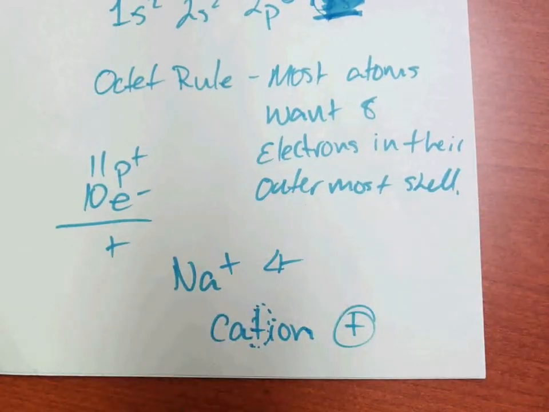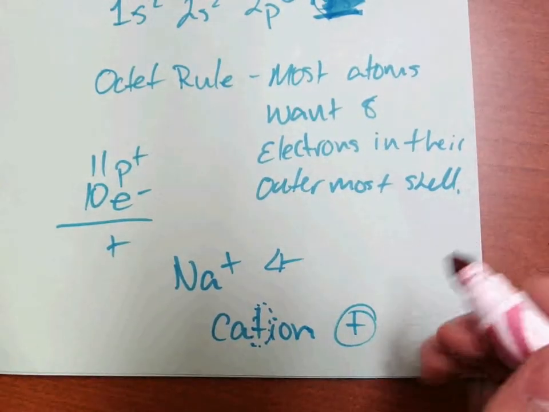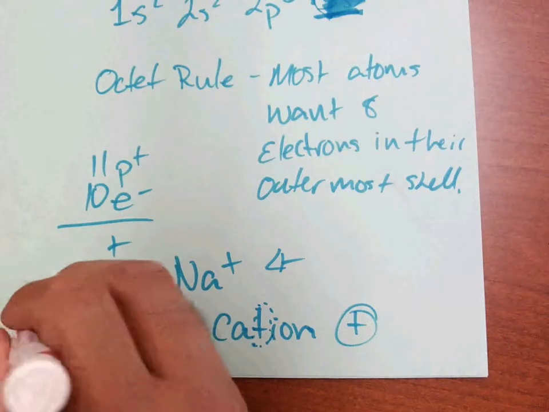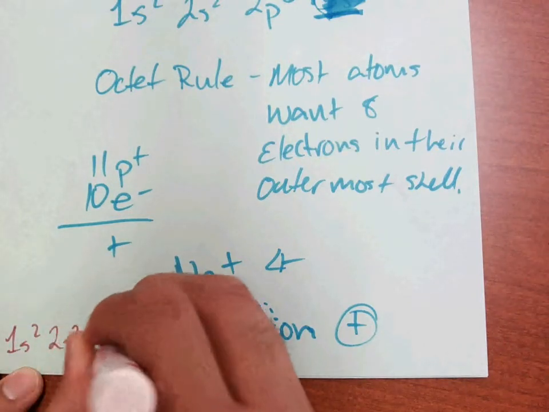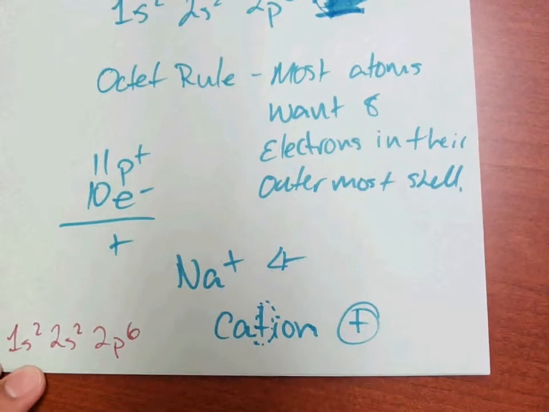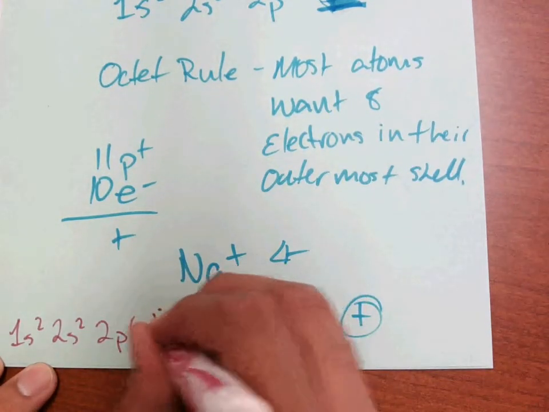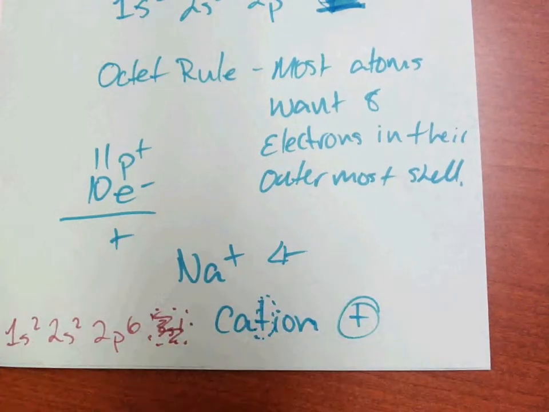So if you were to do the electron configuration for this sodium cation, you would do 1s2, 2s2, 2p6, right? Because it lost that 3s1. So now we look at the p.